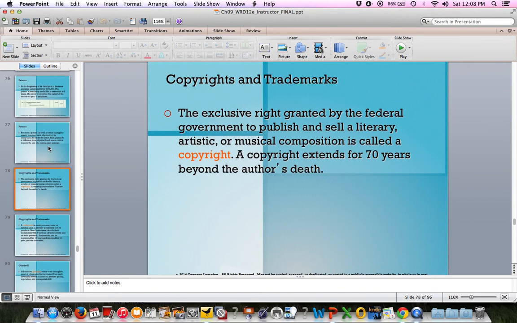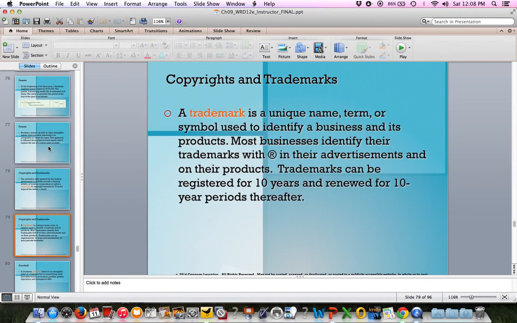So, copyrights and trademarks. An exclusive right granted by the federal government to publish and sell literary, artistic, or musical works is called a copyright. Okay, and they last a long time, 70 years beyond the author's death. A trademark is a unique name, term, or symbol used to identify a business.